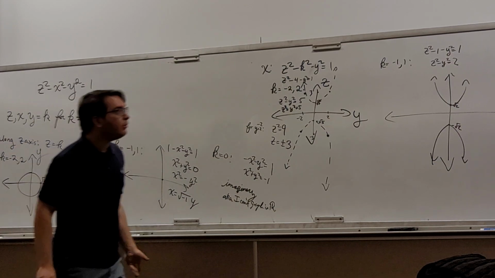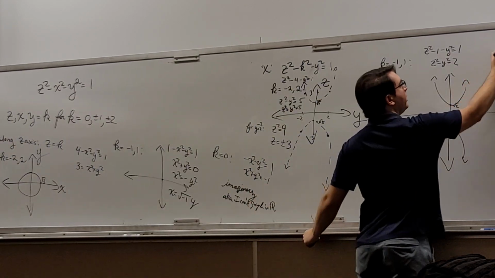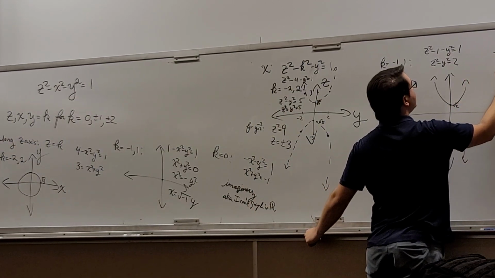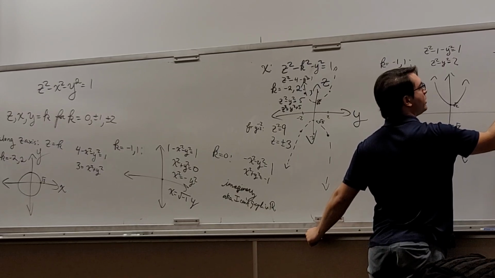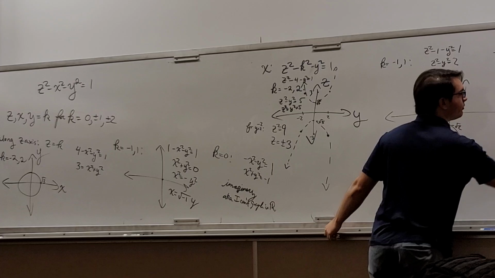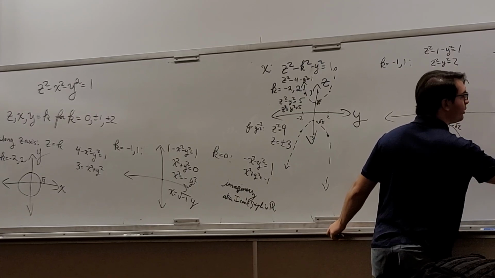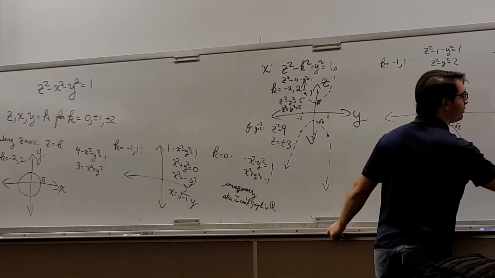Now at k equals 0, I get that z squared minus y squared equals 1, or that z squared equals y squared plus 1. So now my point of intersection is 1 and negative 1.